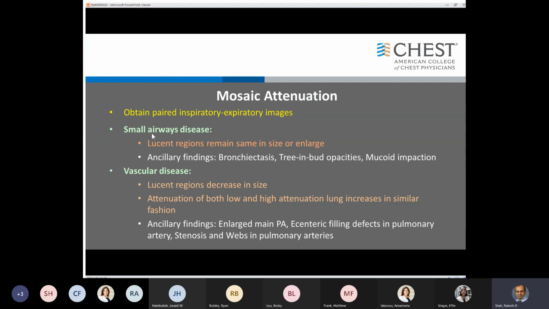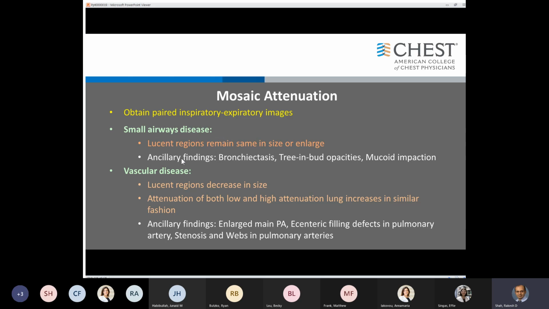But if you have small airways that are affected, air will go in, but it won't exit. And so those affected lucent areas will remain the same in size, or may enlarge and demonstrate air trapping. And that may help you determine that you're dealing with air trapping as a diagnosis.